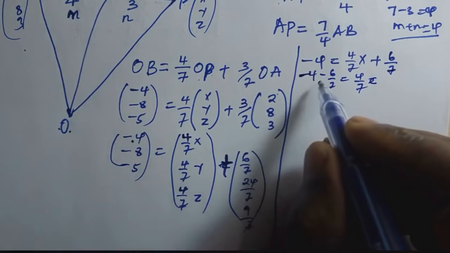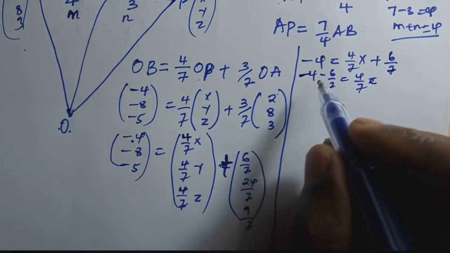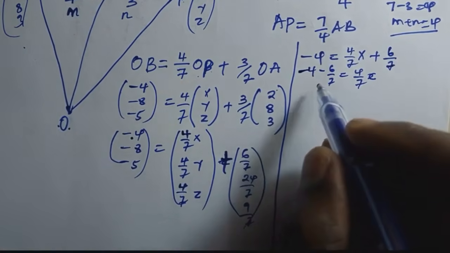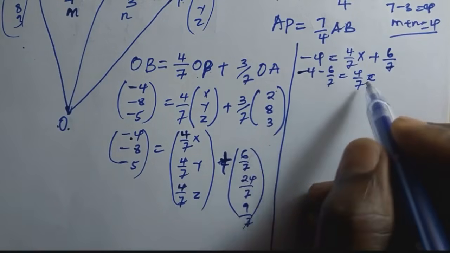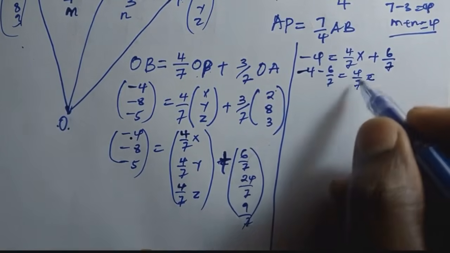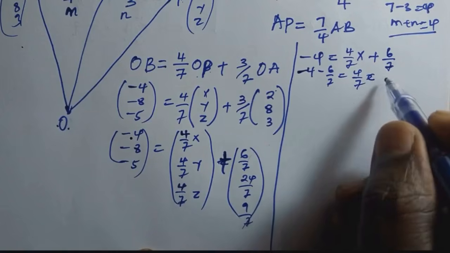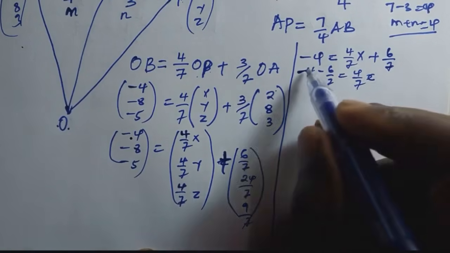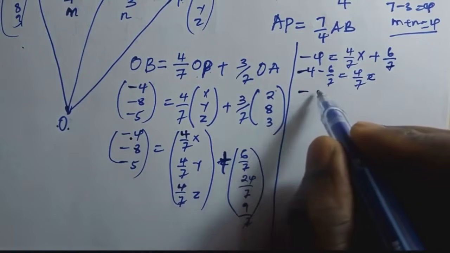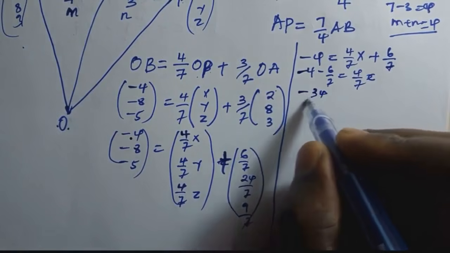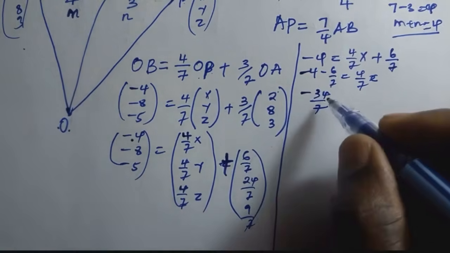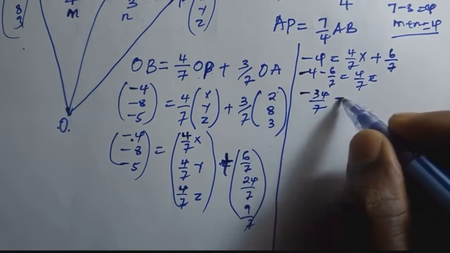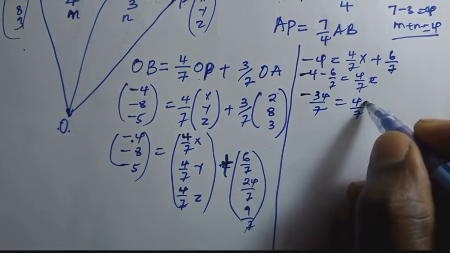Use your calculator. You will find that this one is going to be minus 34 over 7, which is equal to 4 over 7x.